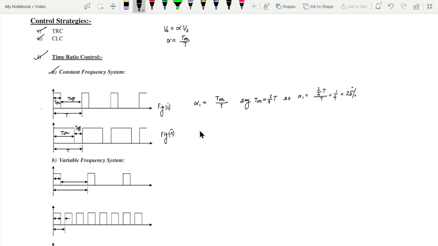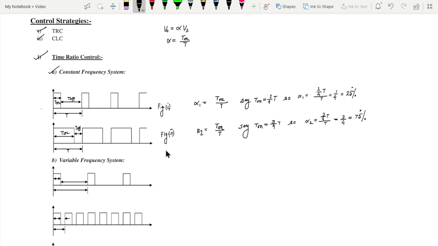Now here from figure 2, alpha 2 is equal to, the formula is constant T on by T, and here T on is most of the part of T, say 3 by 4 of T. So alpha 2 is equal to 3 by 4 T by T, which is equal to 3 by 4, that is 75%.